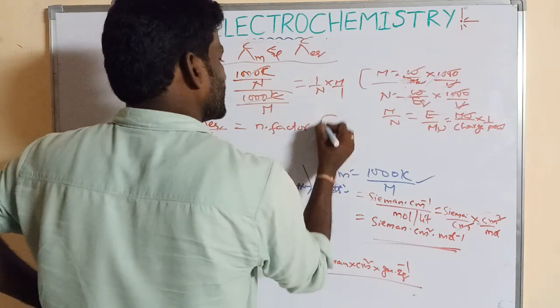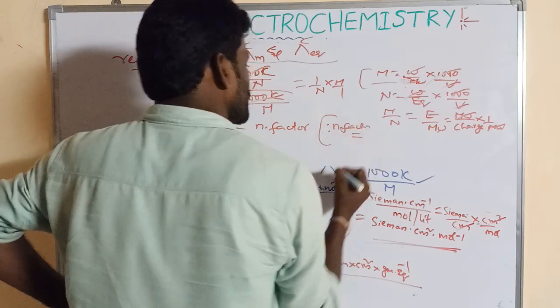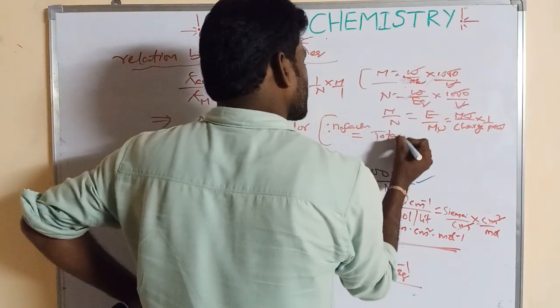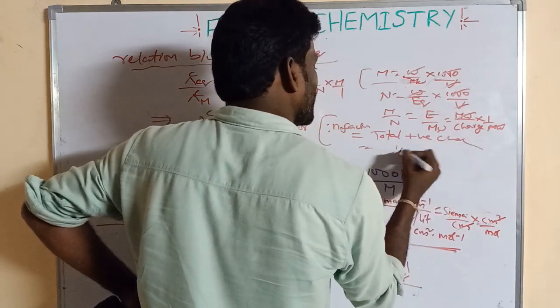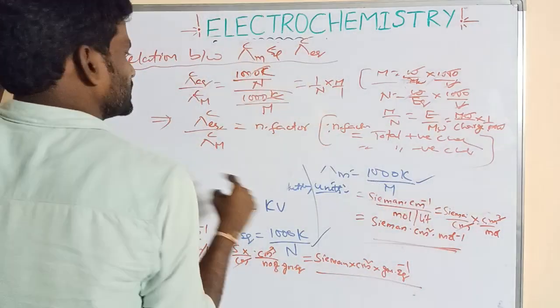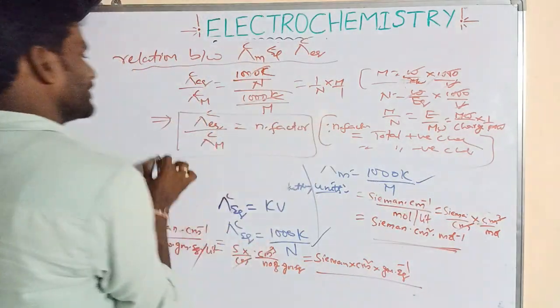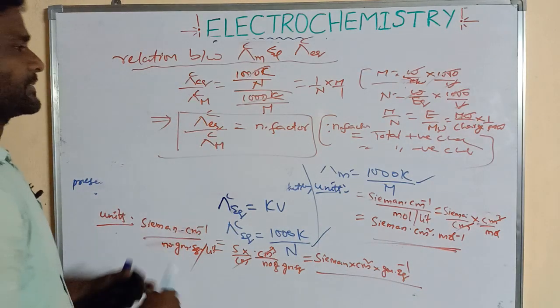Therefore n factor is equal to the total positive charge or total negative charge. So this is the relation between equivalent conductance and molar conductance.